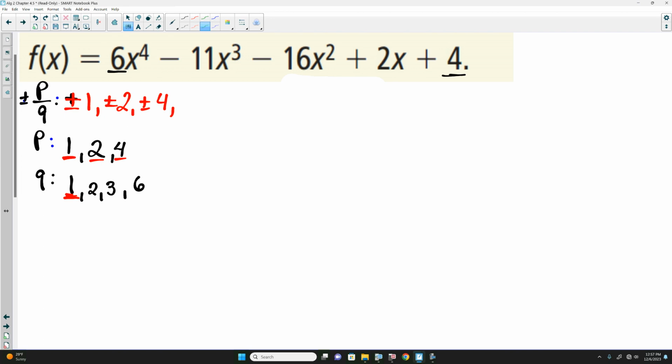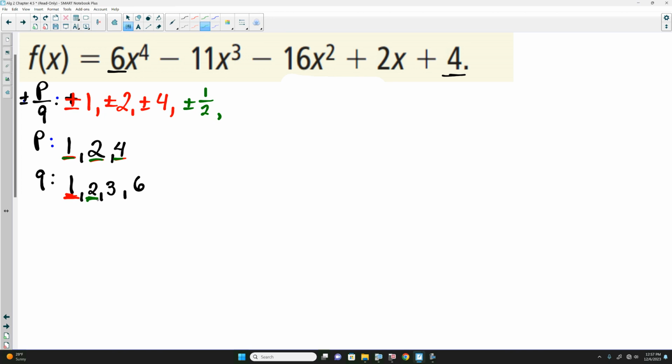So since we've gone through all the values of p, we change the q value from 1 to 2. So now we're going to do 1 over 2. 1 divided by 2. Doesn't reduce, so it's plus or minus 1/2. Our next one would be 2 divided by 2, which is 1. So we already have it. 4 divided by 2 is 2.